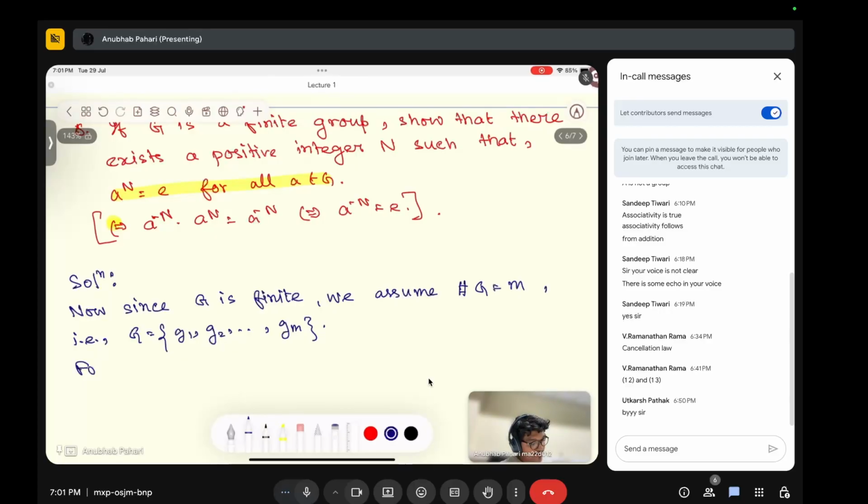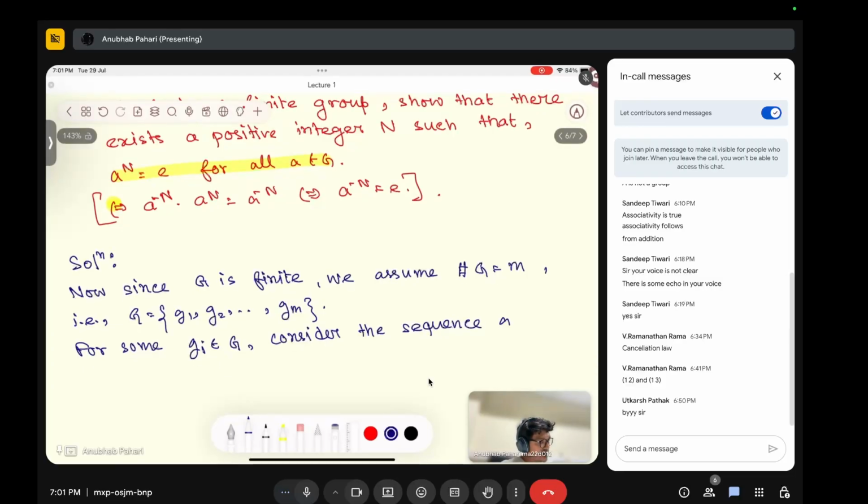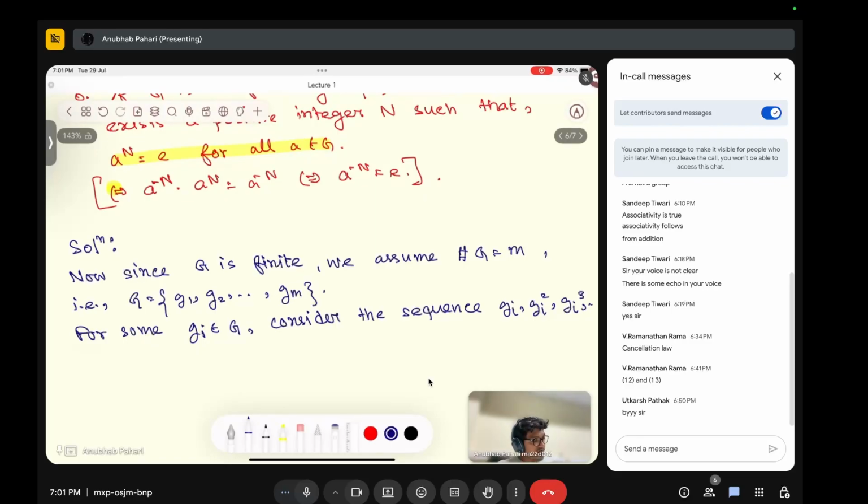Now for some small gi of G, consider the sequence gi, gi square, gi cube. I mean, consider this as an ongoing sequence as the upper index is getting larger.